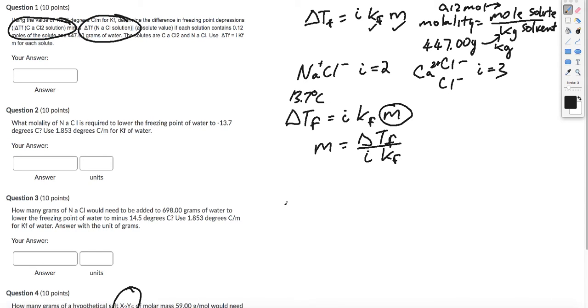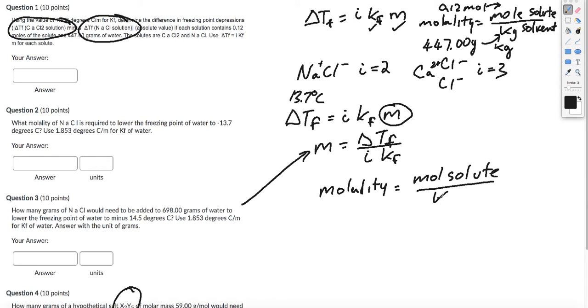In problem 3, we're taking this one step further. We've got this to get the molality. And we also know further that once we have the molality, we know that molality equals moles of solute over kilograms of solvent. And again, we have the grams of solvent, which would need to be converted into kilograms.